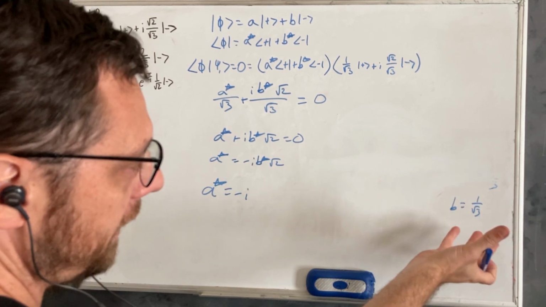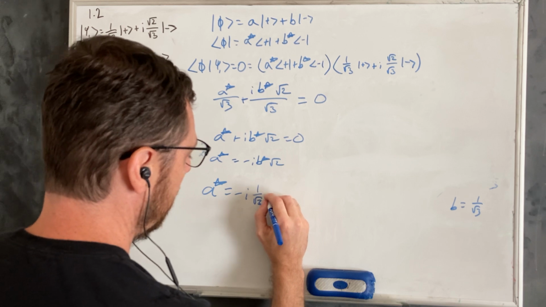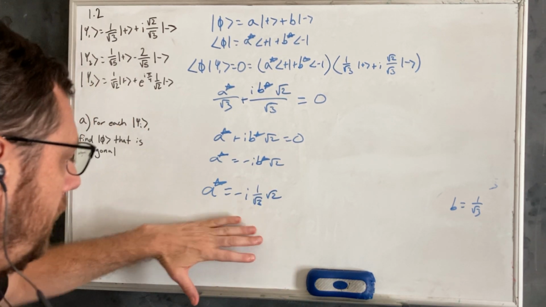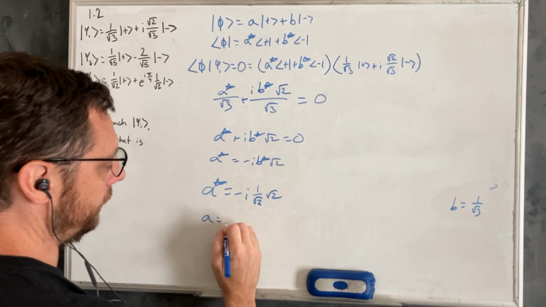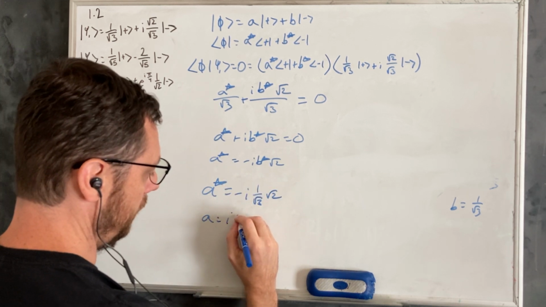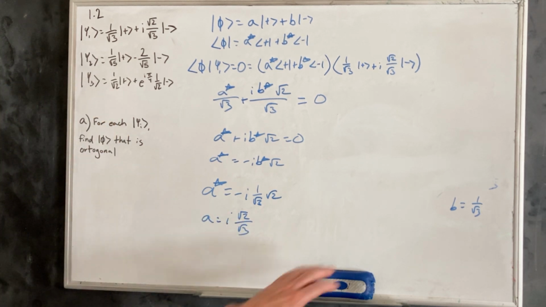So we need to complex conjugate this, which is still 1 over root 3. 1 over root 3, root 2. Okay, so this is a star, and again, we want to find a. So let's complex conjugate this, and a is going to be equal to I, and let's just put the root 2 on top in the numerator, so root 2 over root 3. Okay, so then that's our a.